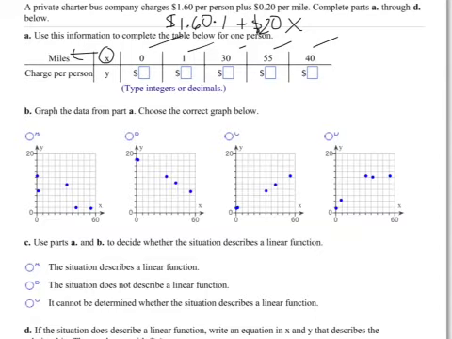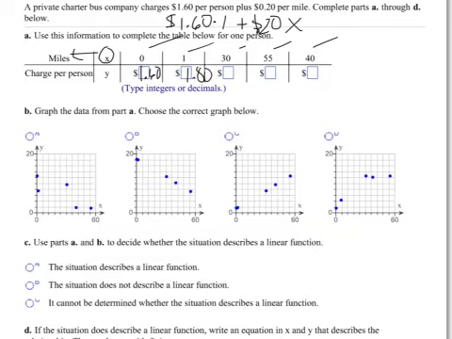So I'll do $1.60 plus 0.20 times 0. And that equals $1.60. Then I'll do $1.60 plus 0.20 times 1. And that's $1.80.